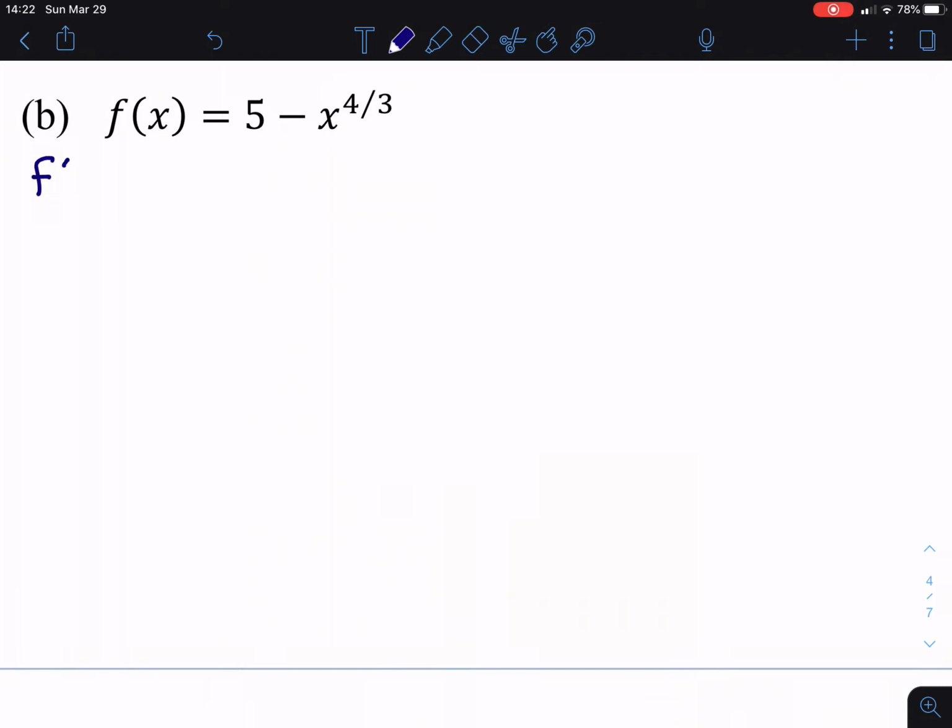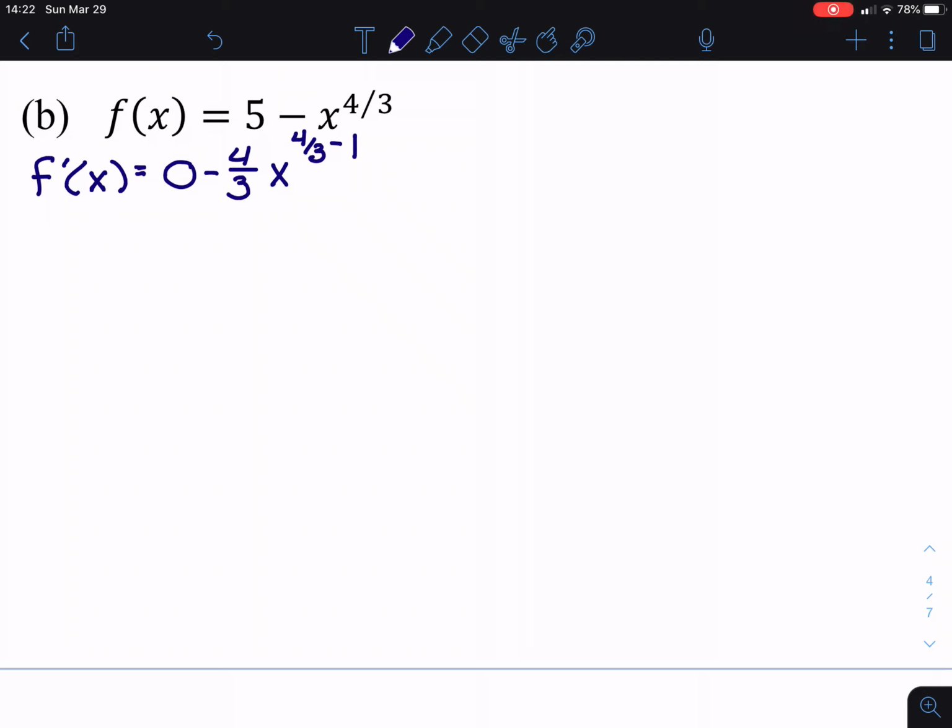So my first derivative, I'm going to take the derivative of 5, constant is 0, minus, I bring down my exponent, 4/3, and then I take x to the 4/3 minus 1.